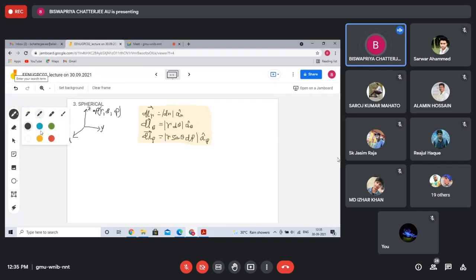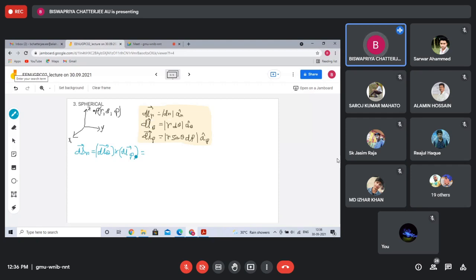Differential surface elements are, first, ds r, that will be equal to dl r, dl theta cross dl phi.